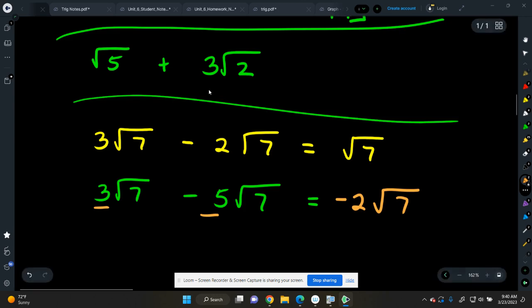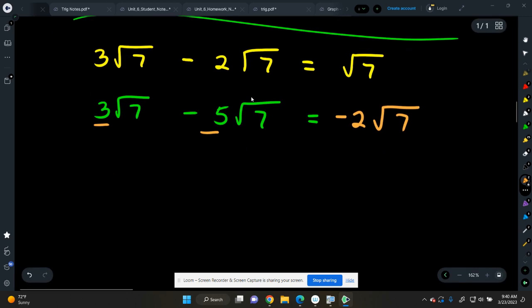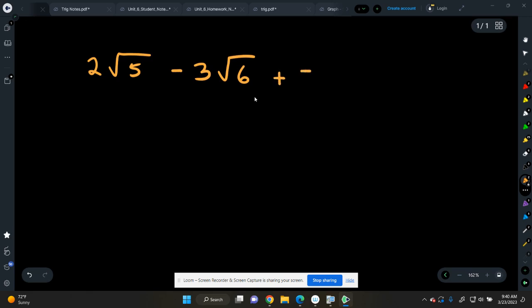Questions on that? We can't add if they're not like terms. Okay, so let's do this one. Let's do 2 root 5 minus 3 root 6 plus 7 root 5.